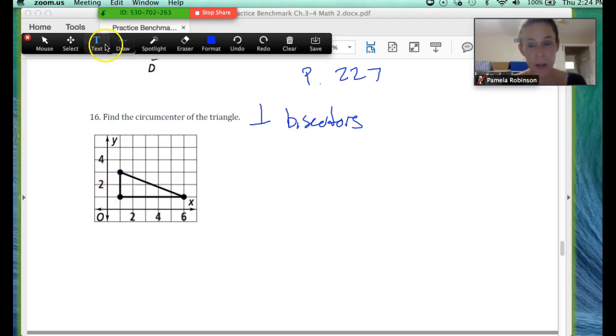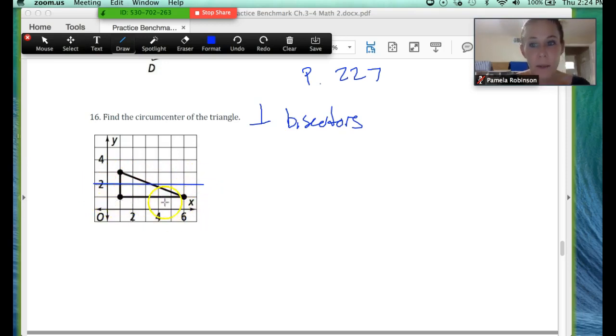And since I'm on a grid and this is a vertical line, the horizontal will be perpendicular. So just draw it. Make it simple. Don't do a bunch of calculations you don't need to do when it's obvious right there. Okay. So this is the bisector of this segment, and it's also perpendicular to this segment. Since this is a vertical line, the perpendicular will be horizontal.